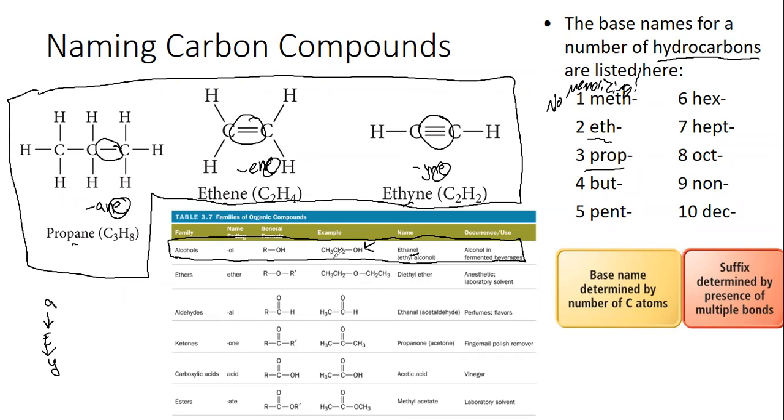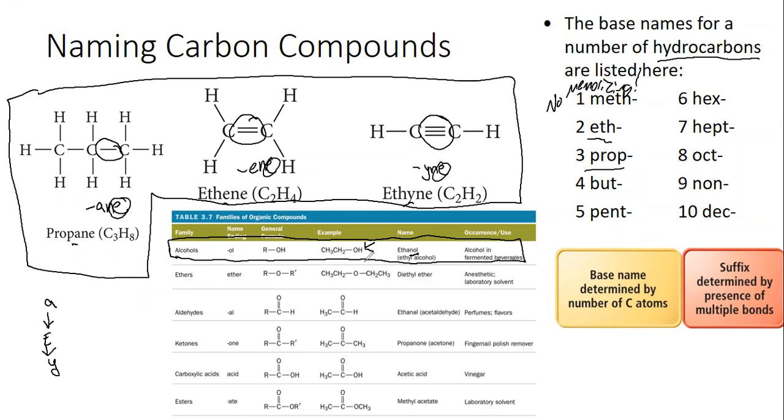So a compound that only has single bonds and 2 carbons would be ethanol. Eth coming from the number of carbons, so 2, an coming from only single bonds, ol coming from this OH.